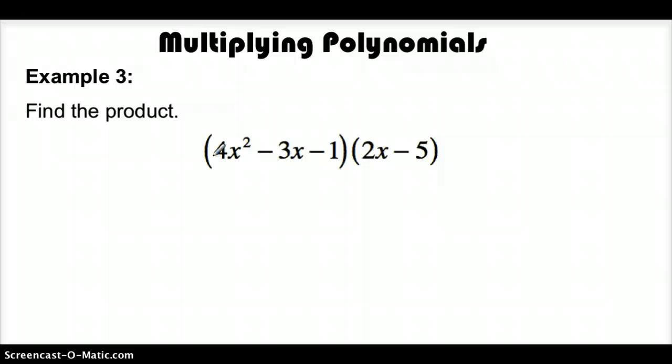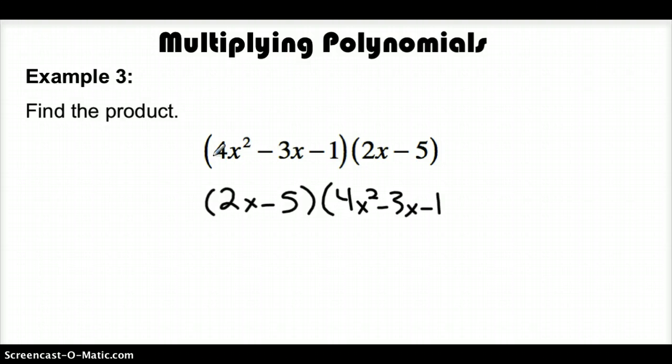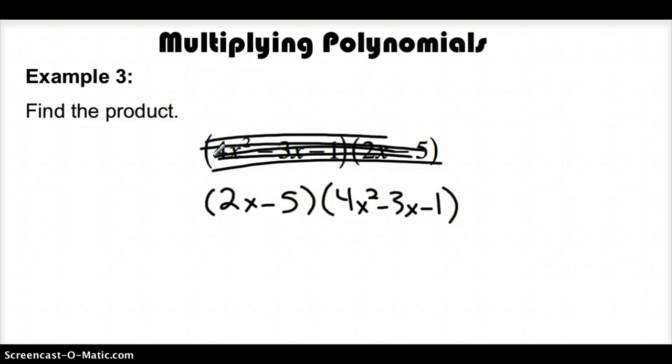We could just make 3 lines now, or we could just do this. I'm going to use the commutative property, and I'm just going to write out this problem the other way instead. So this 2x minus 5, and then 4x squared minus 3x minus 1. Okay, so now this original problem looks exactly like the other ones. Okay, and we can go about it in the exact same way.